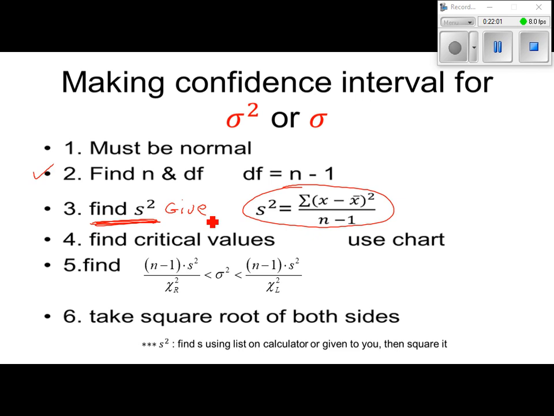Then you're going to find the critical values. You're going to use the chart for that, and to use the chart, you got to have your degrees of freedom, and you also have to have your two areas. And remember, your areas are the little formulas: 1 minus c divided by 2, and 1 plus c divided by 2.